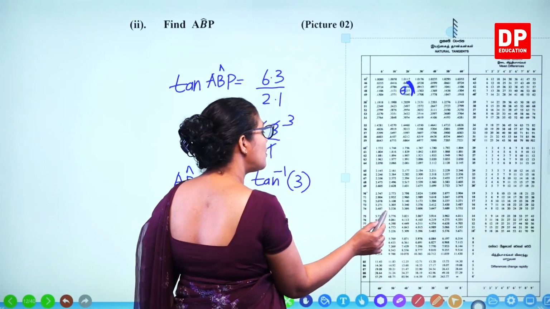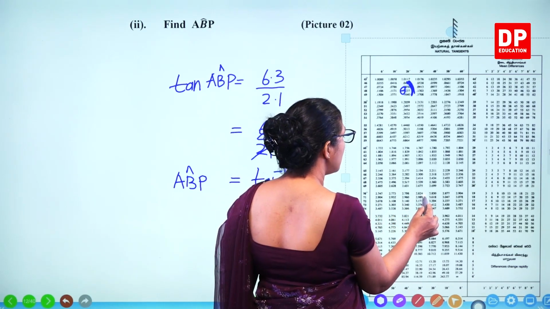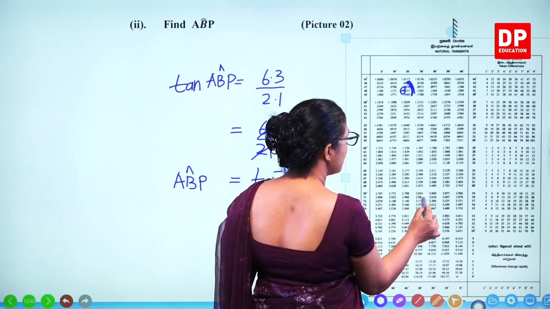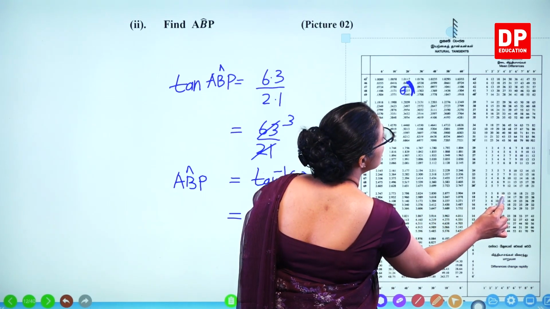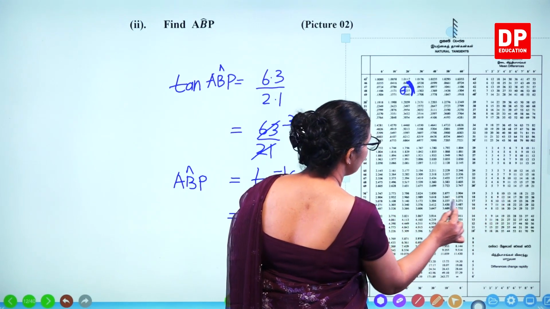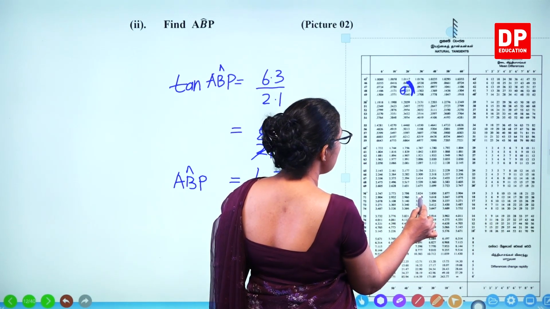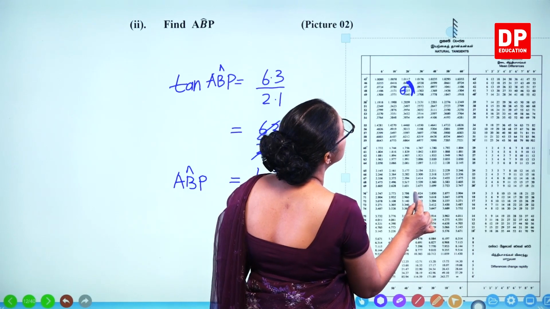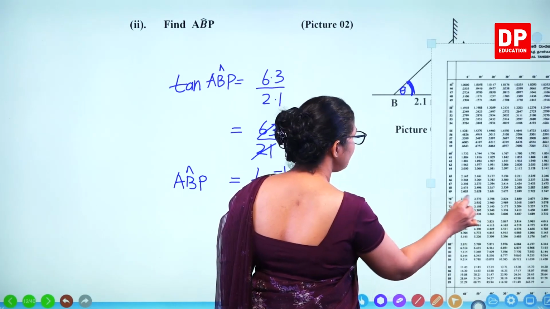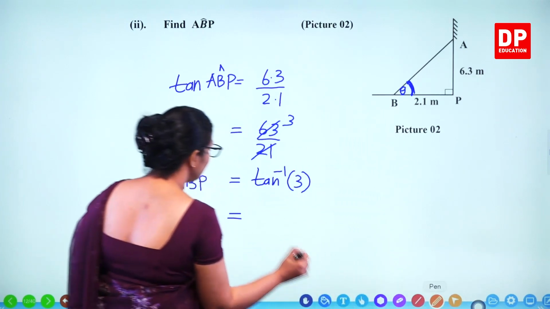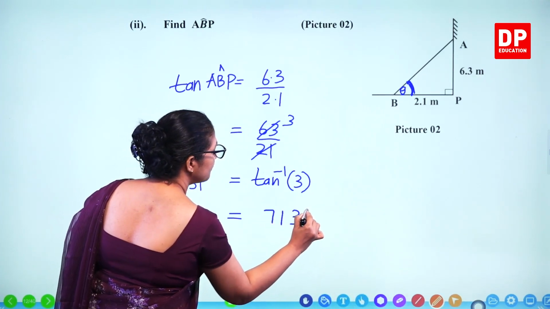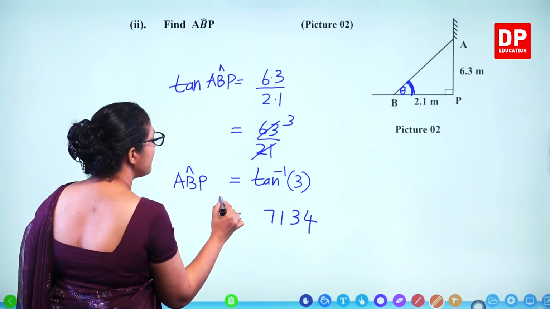So that means you need 11 from, we'll take 12, that's 4. 71, 34.